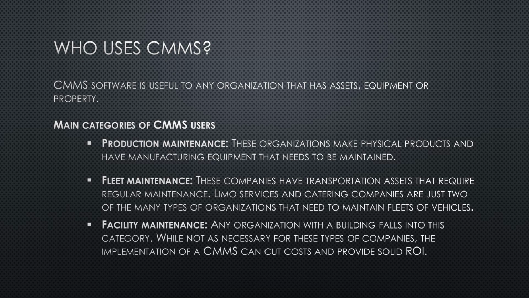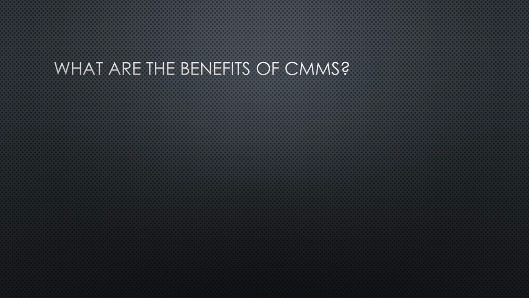Lastly, the companies that have facility maintenance, which is almost all companies. Any organization with a building falls into this category, whether it be an office building or a warehouse. Anyone can cut costs by providing regular maintenance, and you can do this by providing a solid return on investment for this application.